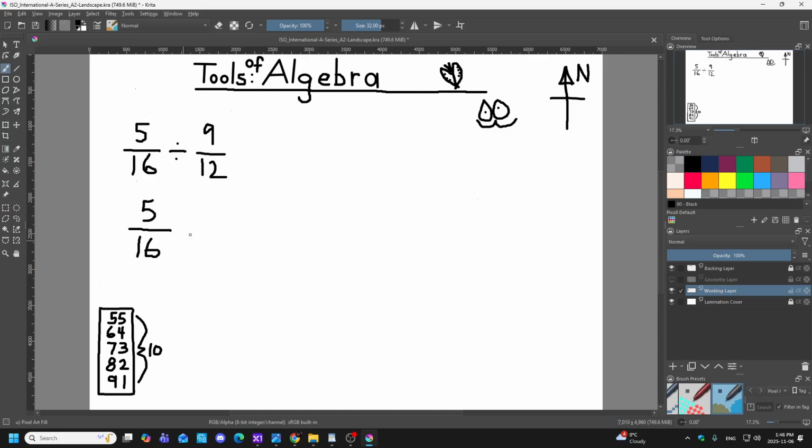And we are basically going to be taking this side and flipping it. Okay? So when we flip the fraction, we change the sign to multiplication. It's that easy, boys and girls. It is that easy.